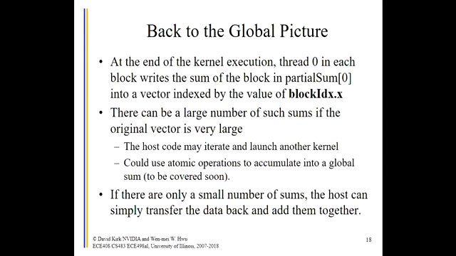And if there are only a small number of partial sums, the host can simply copy that partial sum array back, and then just sequentially add them up. So that would also complete the work. So in MP 5.1, we're going to use this approach.